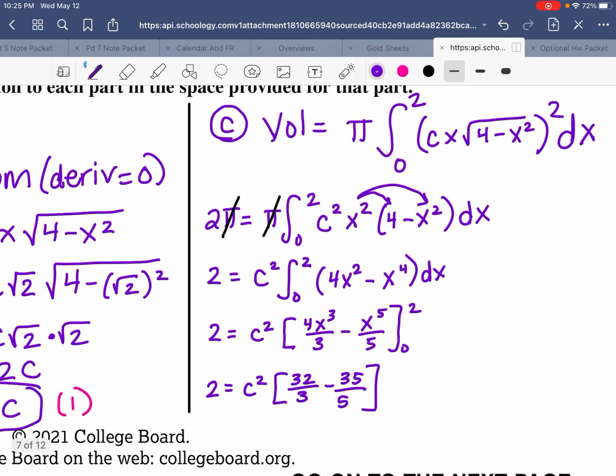All right, now, if you're comfortable adding those fractions together, go ahead and do it. But we don't want to make a mistake doing that. So what I would recommend doing is just dividing each side by this ugly mess here. So I'm going to do it over here. I'm going to say 2 divided by this stuff, 32 over 3 minus 32 over 5, equals c squared.